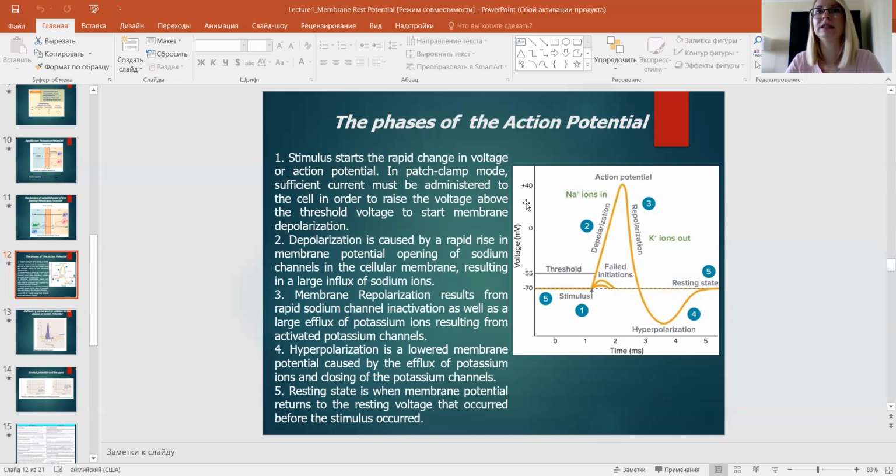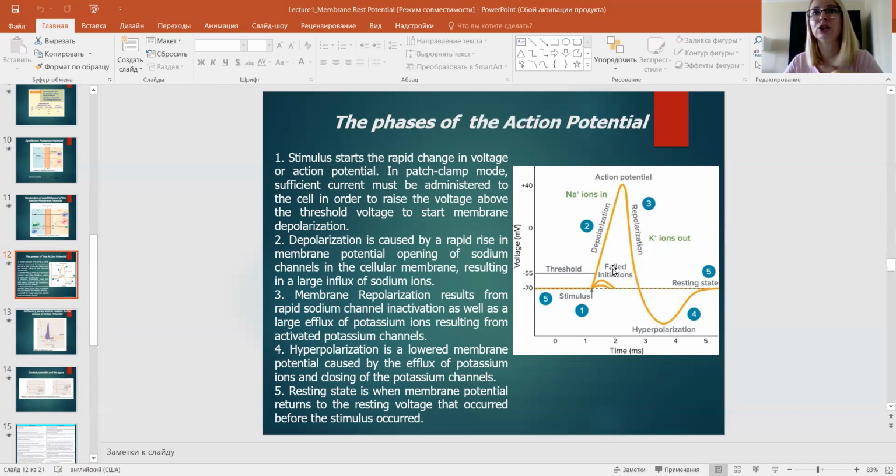All these events cause the outflow of potassium ions outside of the cell and return the membrane potential to the basal level. Now, in this phase, we again have negatively charged ions inside the cell and positively charged outside. And this phase of the formation of action potential is called repolarization.